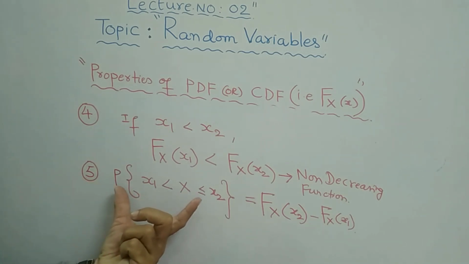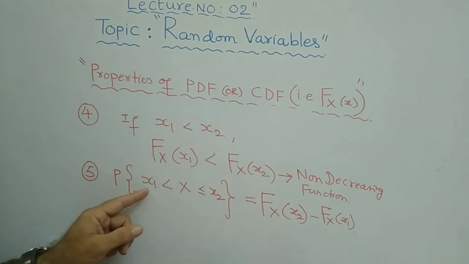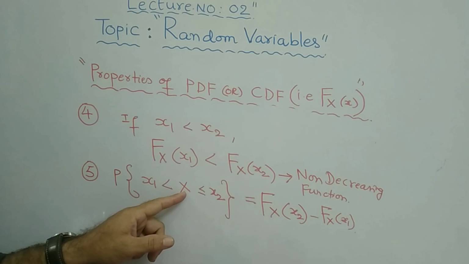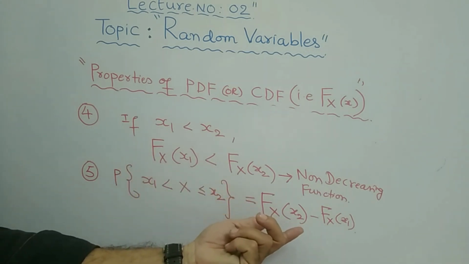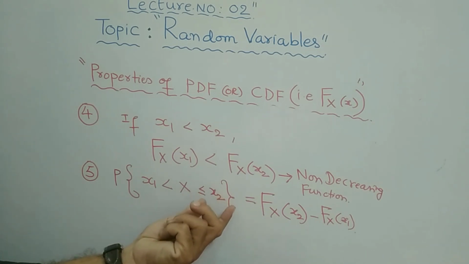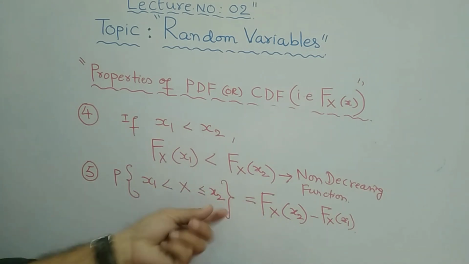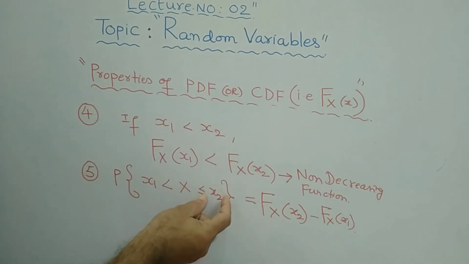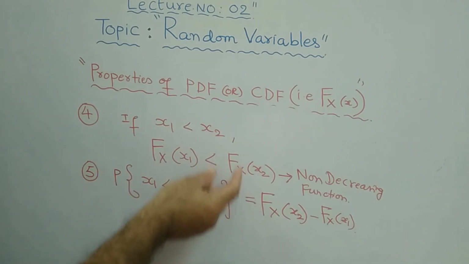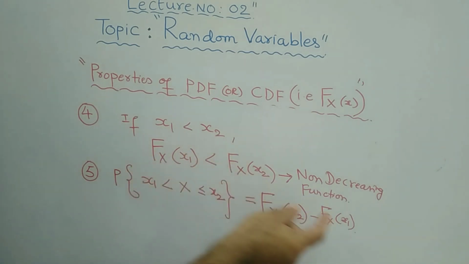If you take the probability of x1 less than capital X less than or equal to x2, then correspondingly, if you write it in the form of the distribution, F_X of x2 comes first, minus F_X of x1.